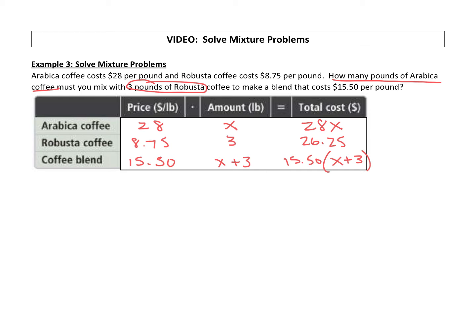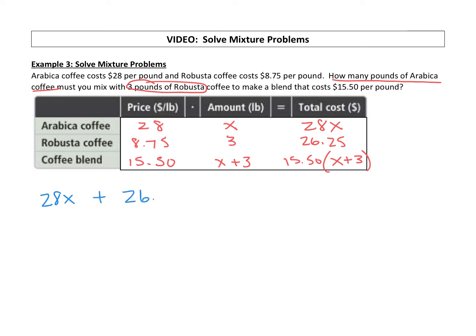Now, let's write an equation for our total cost. The total cost of the Arabica coffee plus the Robusta coffee is going to equal this total blend. So we write the total cost for the Arabica coffee, which is 28x. We add to it the total cost for the Robusta.